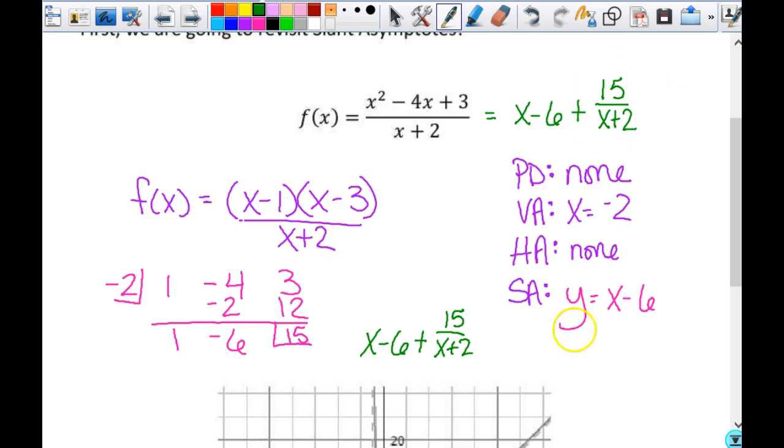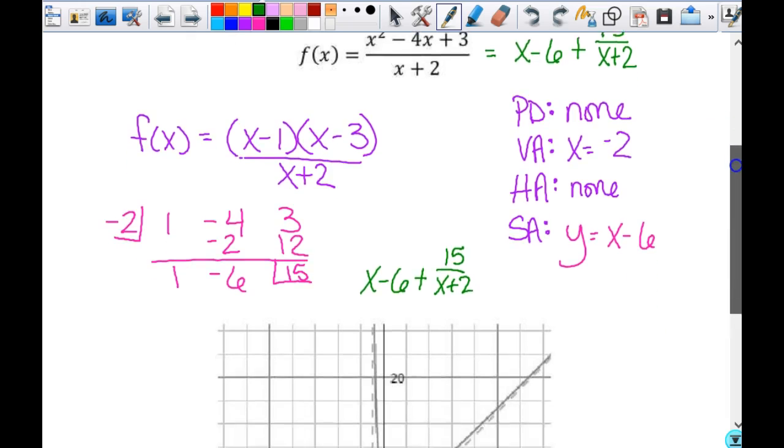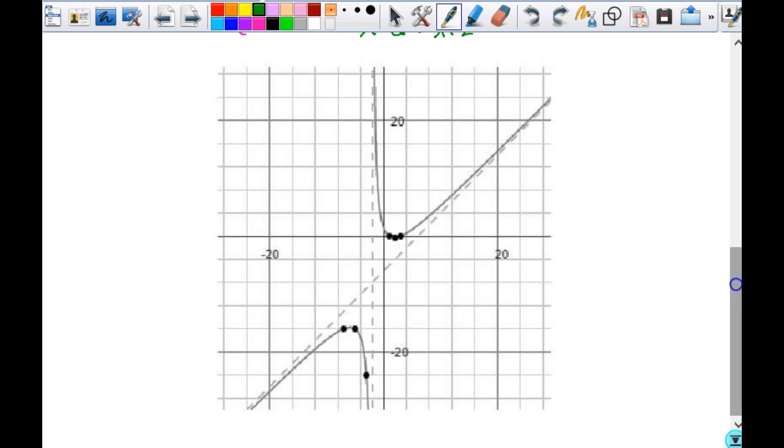So when we get this y equals x minus 6, I put the graph down here so we didn't have to spend time graphing it, and you can see the asymptotes. This is your vertical asymptote, and the scale's weird, but it's at x equals negative 2, and then this really is y equals x minus 6. What that remainder means, our remainder was 15 over x plus 2, is the distance the function is from the slant asymptote.